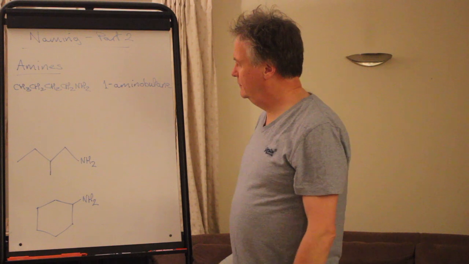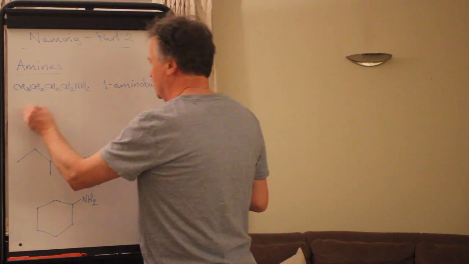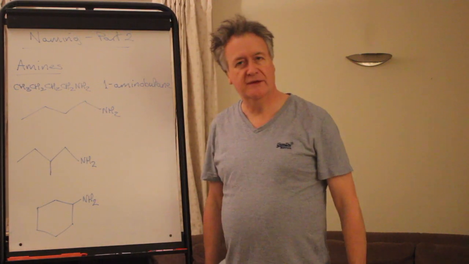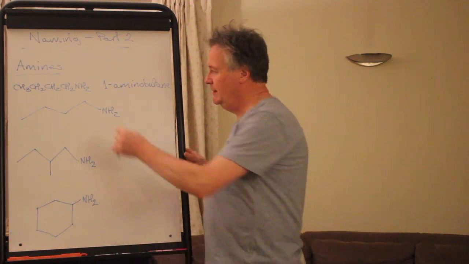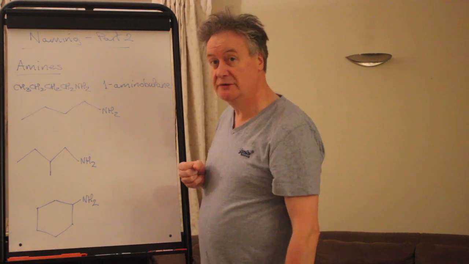Butane with one of the hydrogens replaced with an NH2. And there's the skeletal version of 1-aminobutane. See how much quicker that is to draw. Always remembering that that bond there doesn't have a carbon on the end because it's got a nitrogen instead.